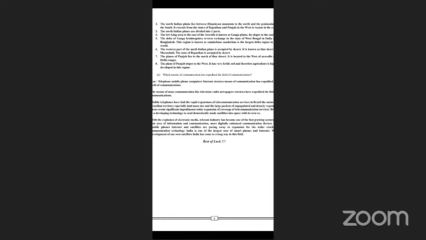Okay. Now the third one: which means of communication has expedited the field of communications? See, first point: telephone, mobile phones, computer, internet, etc. are means of communication that have expedited the field of communications. Clear?